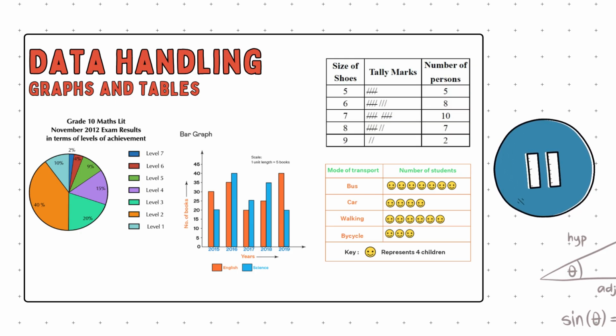Very important reminders. Please remember, if you are asked to draw a graph in a test or activity, you must always include a main title for your graph, and labels or titles for your axes, next to each other, as you can see here with the bar graph, the number of books and years in orange.